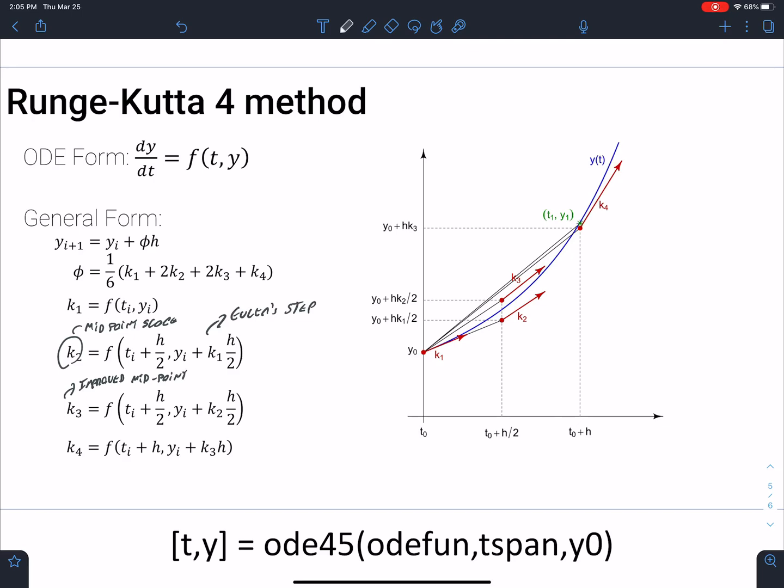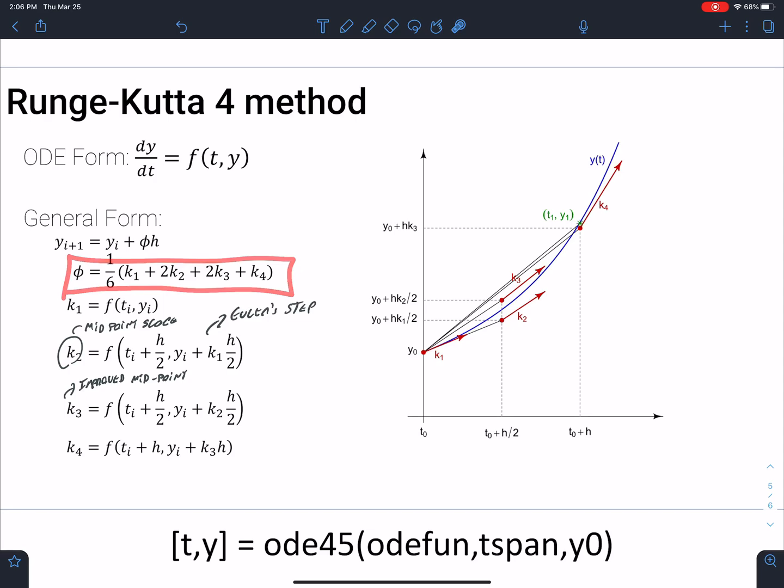And then you can use this K3, which is our improved midpoint method, to estimate the value of the function at the full step, right? And that will be an even better slope, right? And in fact, this combination of K1, K2, K3, K4 can be used sort of in a derivative finite difference approximation to come up with this formula.